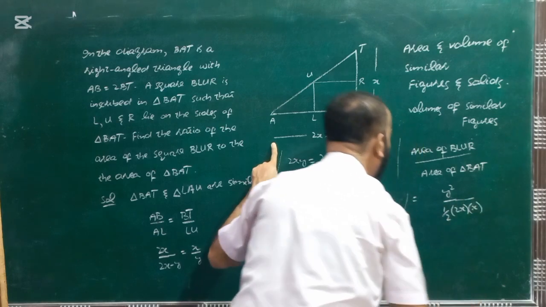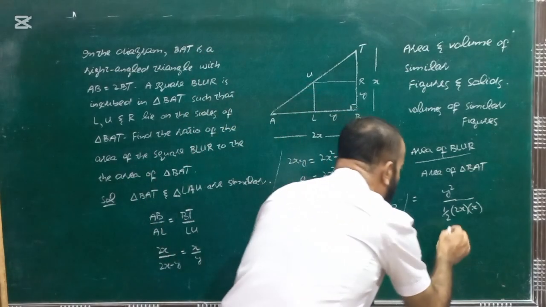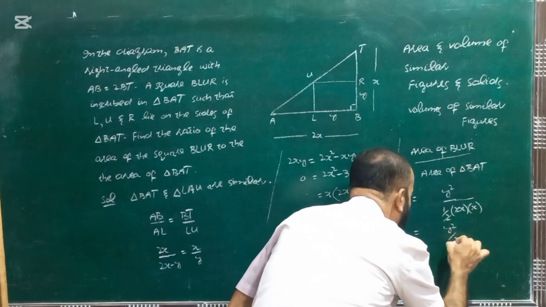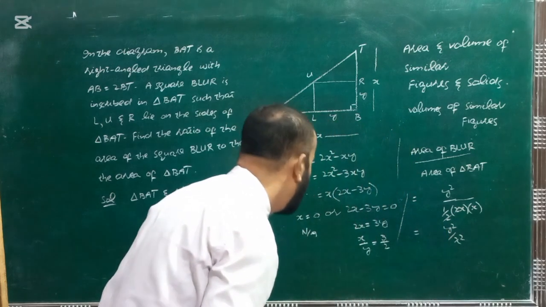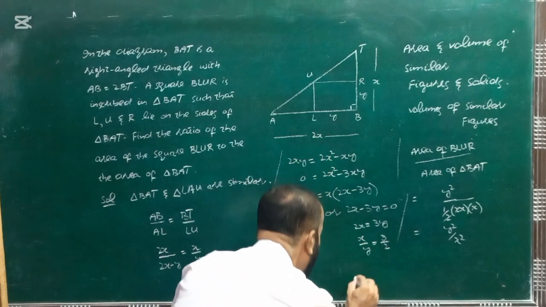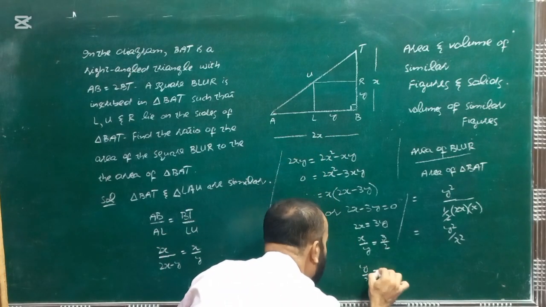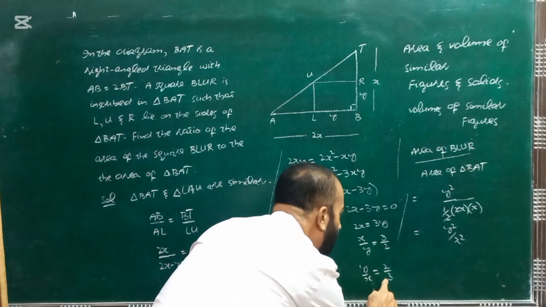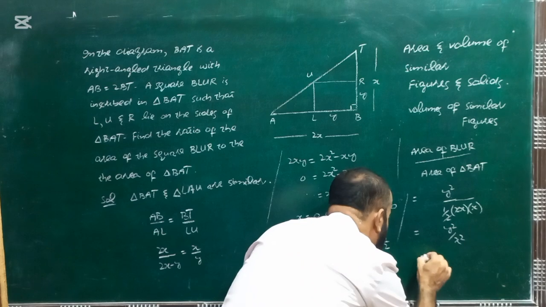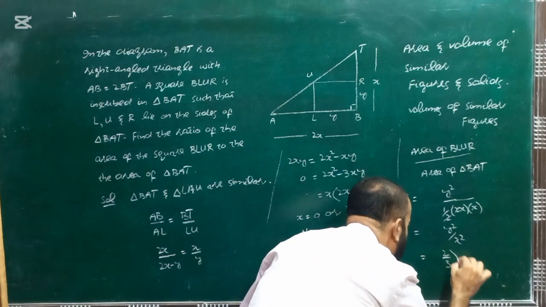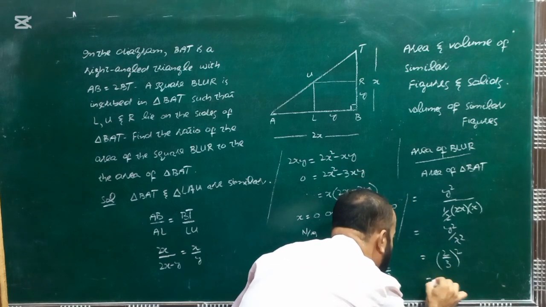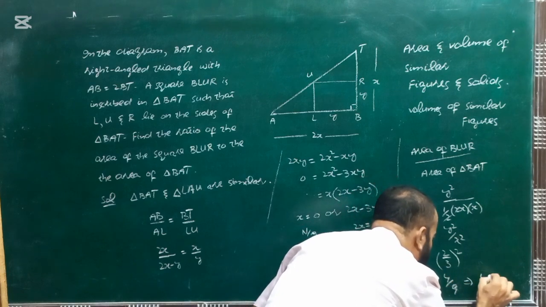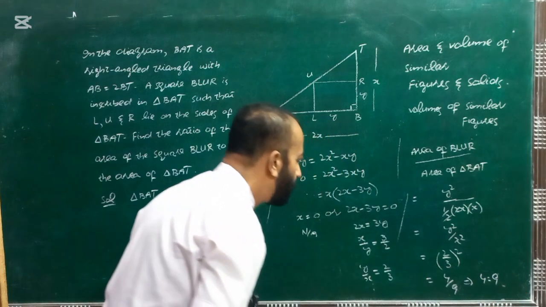Because area of the triangle is 1 by 2 into base into height. So from here 2 will be cancelled by 2 and y square over x square will be left. Okay, from here you can see y by x will be equal to 2 by 3. So putting value of y by x, that is 2 by 3 over here. So 2 by 3 square will be 4 over 9. So this is the ratio, or in other words, this is 4 ratio 9. So this is the answer.